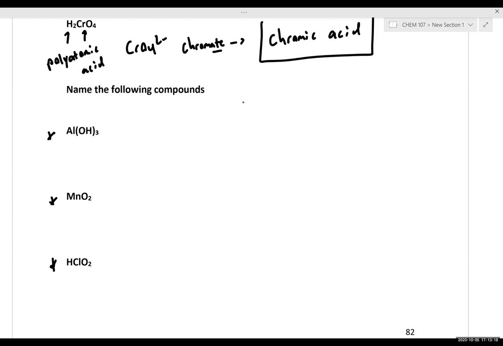And if you have any questions on naming these 3 compounds, don't be shy to ask them verbally or in the chat.